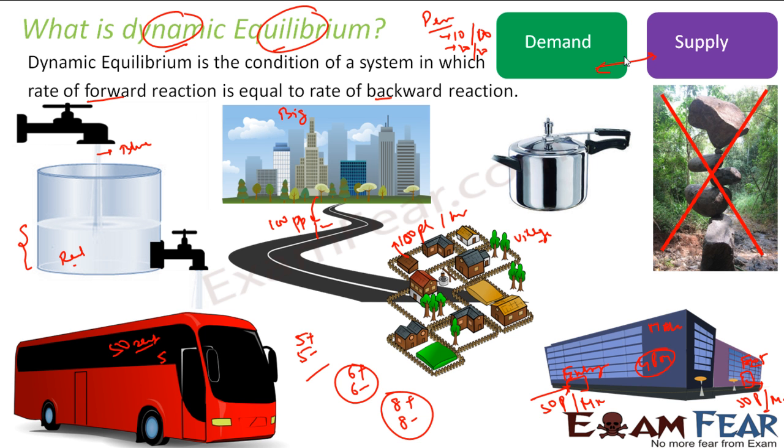Let's take something from the kitchen. In a pressure cooker, let's suppose you put some water here and you boil it. What happens? The water evaporates and it reaches an equilibrium. Then the water evaporates and the same water comes and cools down. Water evaporates, cools down.